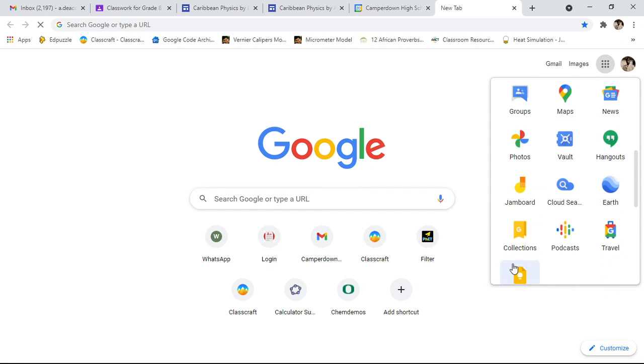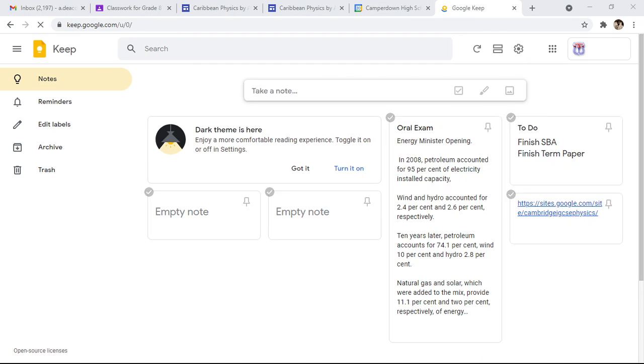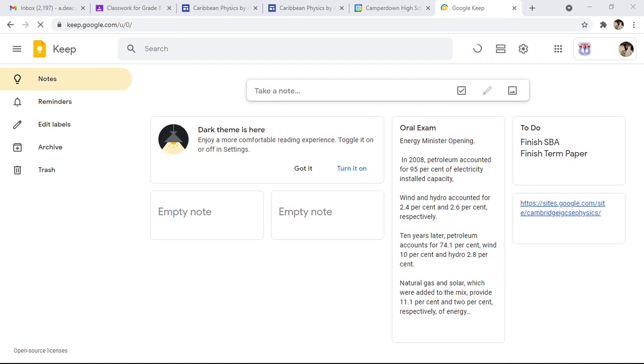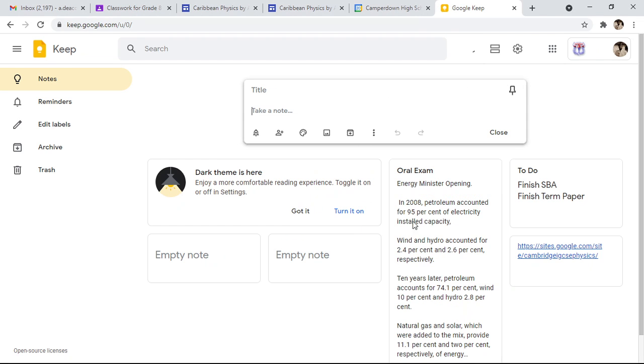Alright, let's use the key. Alright, so let's go with this. I'll be using this to take the notes.